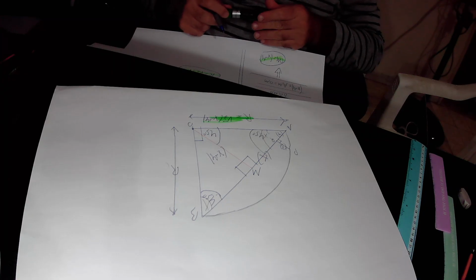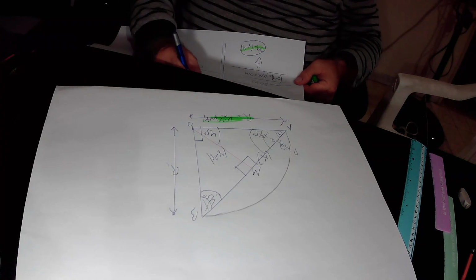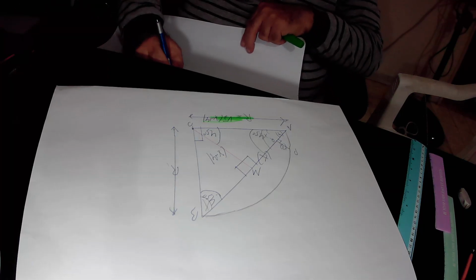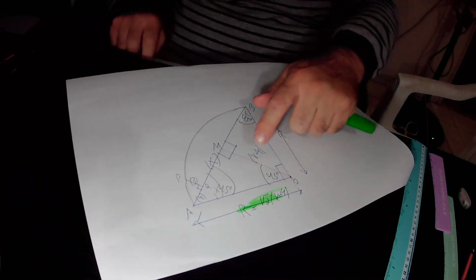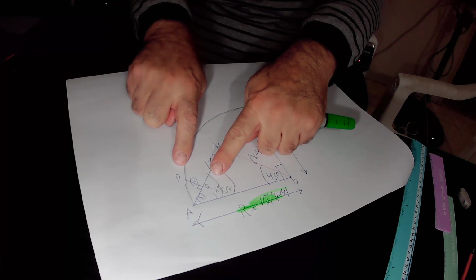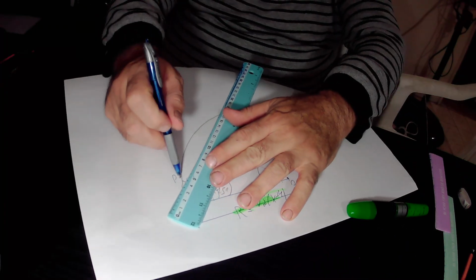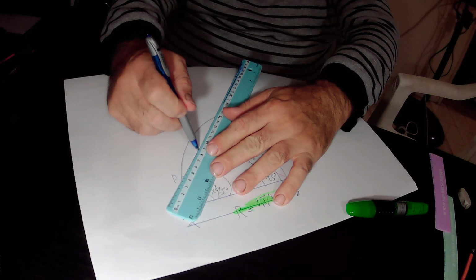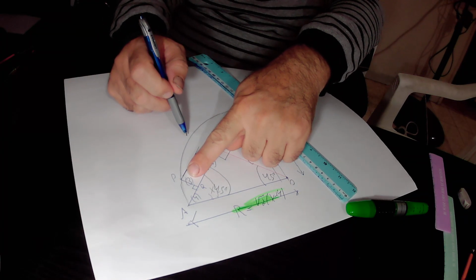In the next step, we will do another construction. That is to say, we draw a perpendicular on this short line segment PQ at point P. So this angle equals 90 degrees according to our construction.